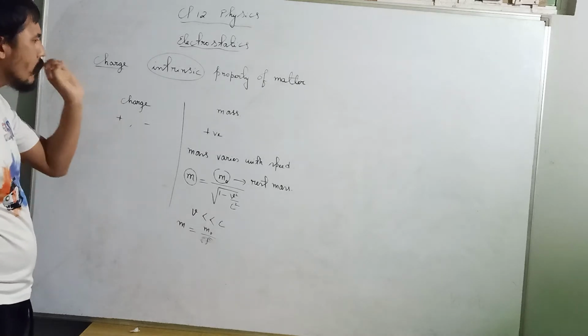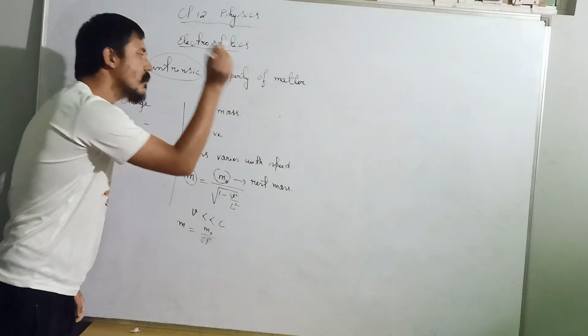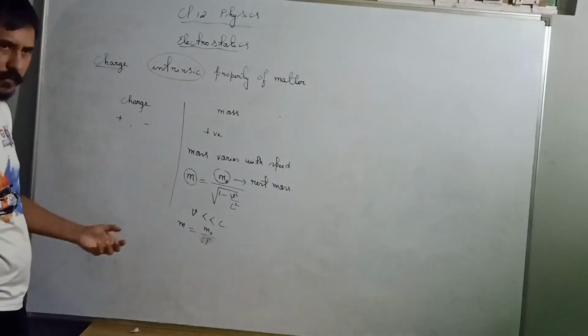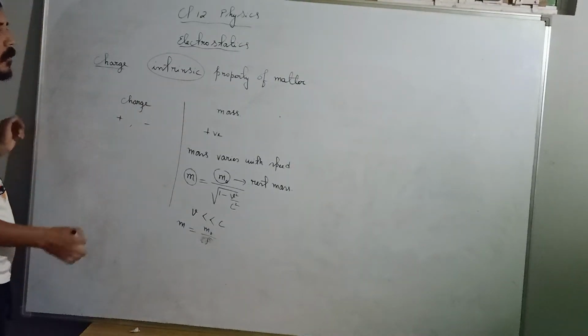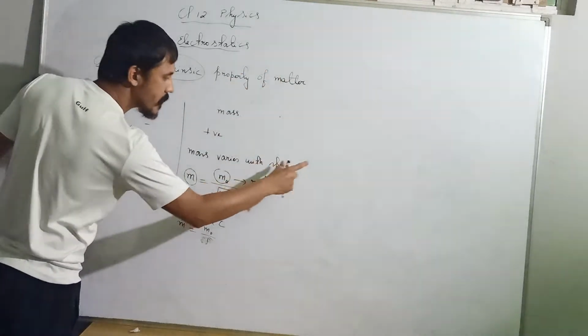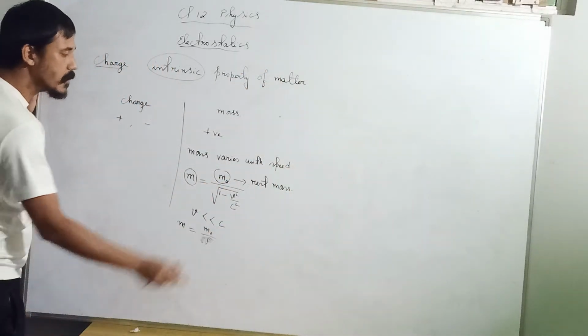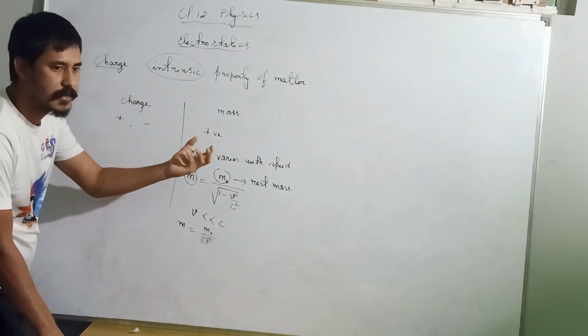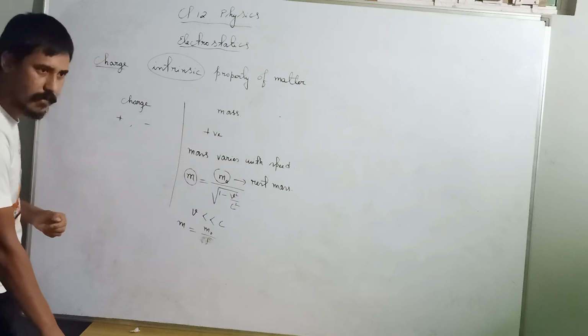But when a small particle, just say elementary particles like a proton and electron, starts to move at a very high speed, then the mass of that object varies. The mass of that object changes.